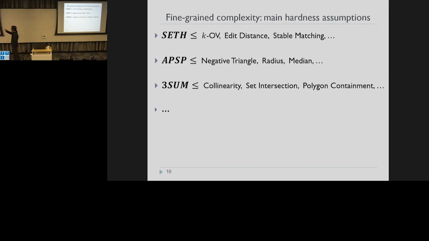That's another great question. In some of those reductions, it's only one way. Usually with SETH and some of the reductions from threesome and APSP, it's in both ways. With negative triangles, radius, median, you have both ways. You break them, you break APSP, and vice versa.